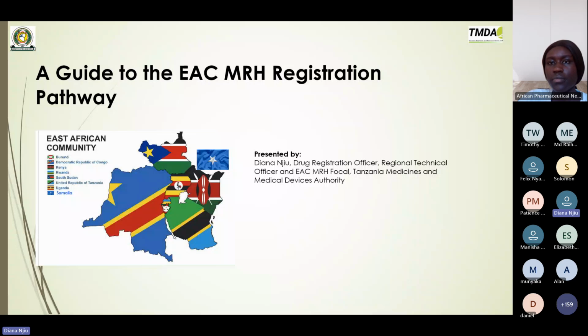The East African Community is a region of intergovernmental organizations of 8 partner states: the Republic of Burundi, Democratic Republic of Congo, the Republic of Kenya, the Republic of Rwanda, the Federal Republic of Somalia, the Republic of South Sudan, the Republic of Uganda, and the United Republic of Tanzania, with its headquarters in Arusha, Tanzania.